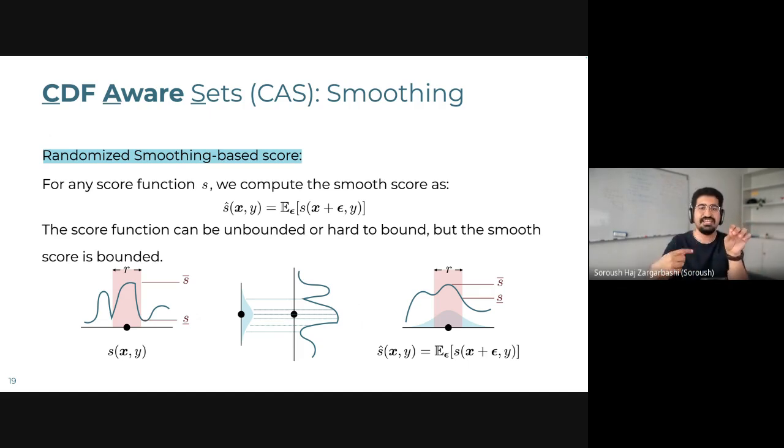And I look at the expectation of a score on this Gaussian mass around the point. So for example, assume that I have an image. I try to perturb this image with Gaussian noise, IID, and then I look at the average score of the model on all these points. All right.